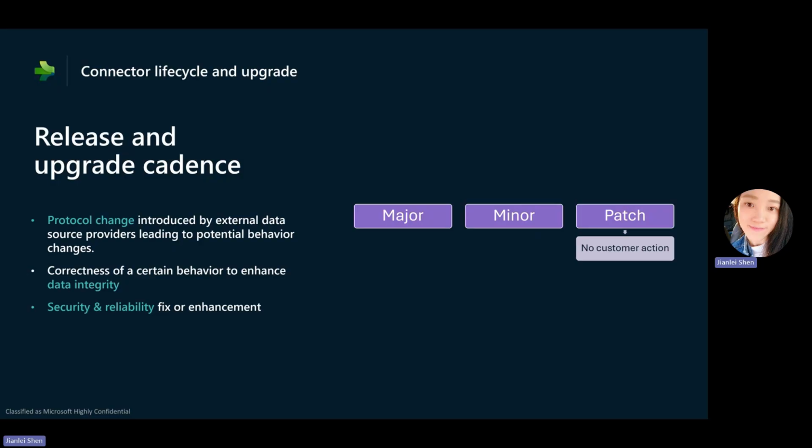We want a more correct way of representing the data information, including the precision scale, which is just an example. That gives us the chance to correct the connectors to a better behavior, which brings better data integrity. So this might also introduce a new version, either major or minor, to the end users so that they can evaluate and upgrade when it's needed.